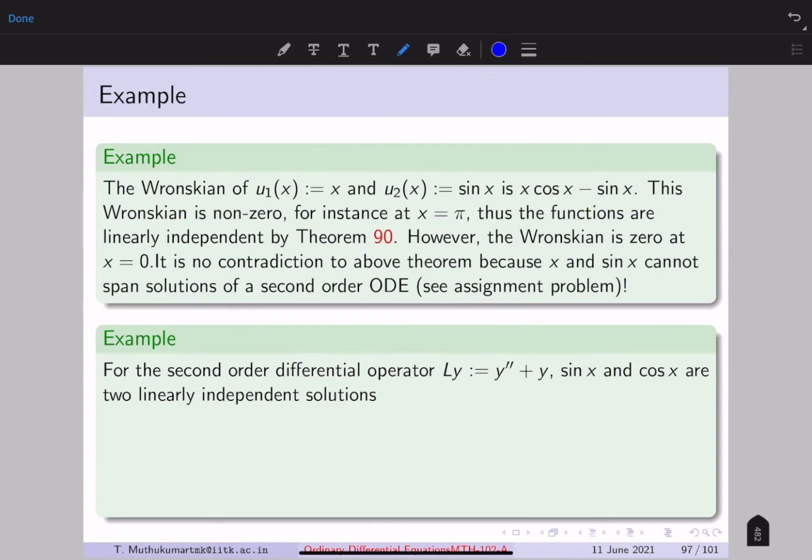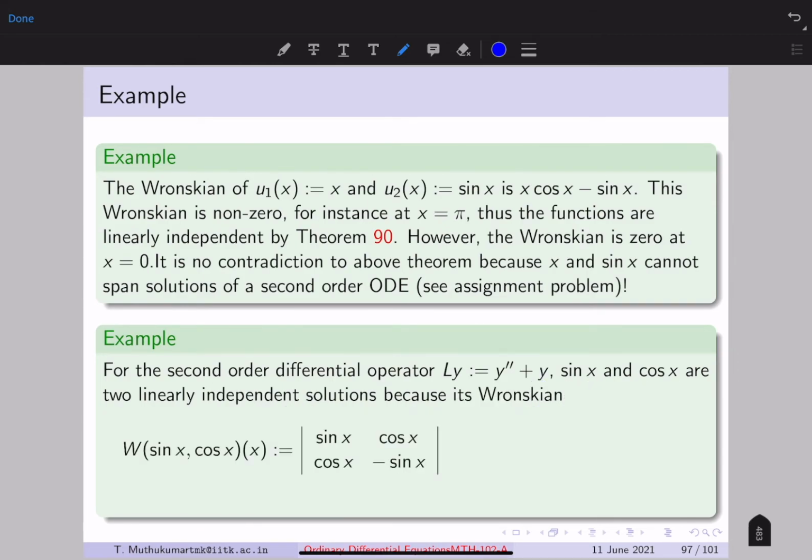Now let's look at another example of a second order ODE, one we have already seen in various situations as examples. For this ODE, sine x and cos x are two linearly independent solutions.